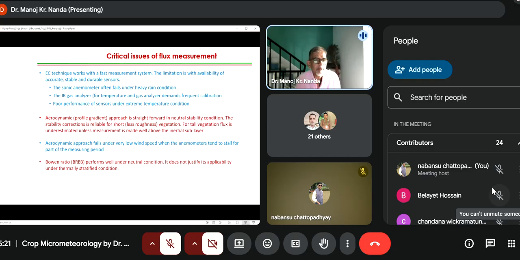The Bowen ratio energy balance performs well under neutral conditions. It doesn't justify a thermally stratified layer, because in a day you are getting a thermally stratified layer at least 2 times. During late night or early morning, you are getting an inversion layer. During midday, 12 to 2 o'clock, at that time you are getting a very highly unstable layer.